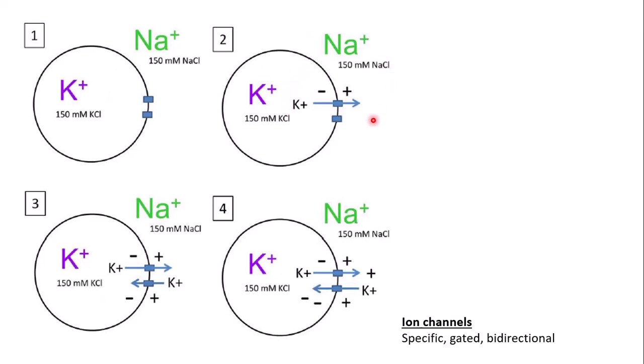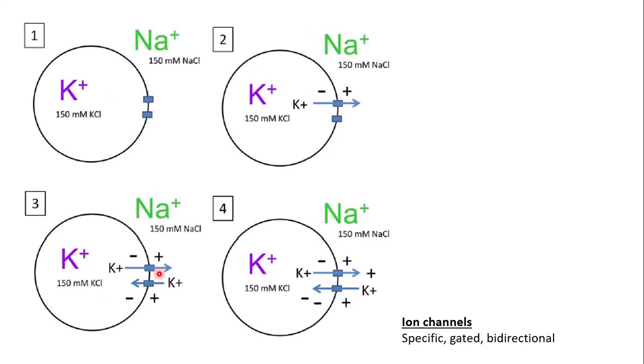So membrane potential negative. What happens in the third? I hope you can see my laser, the little red laser. In the third, as potassium started flowing outside due to the chemical gradient, at a certain point the electrical gradient causes a lot of positive ions outside and negative ions inside.